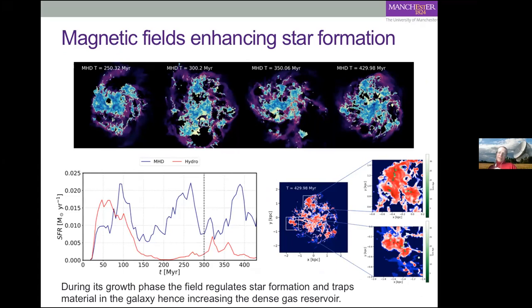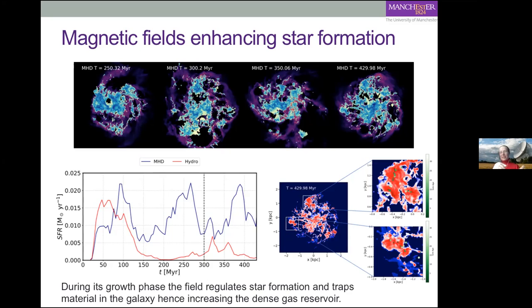But what we found is, in the early times of the galaxy, where the field is still weak, so it hasn't been amplified by rotation up into a saturated level as you would see today, when you have this weak field, it actually enhances star formation.